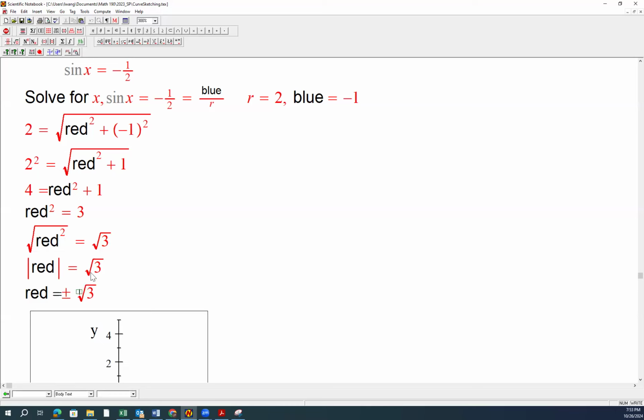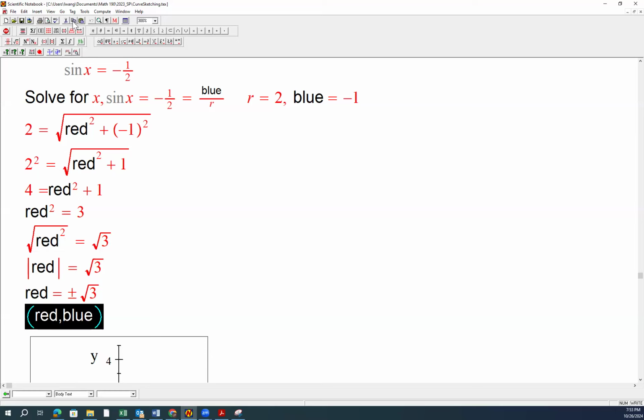So we could have 2 different reds. Every red, blue makes a point on the terminal.